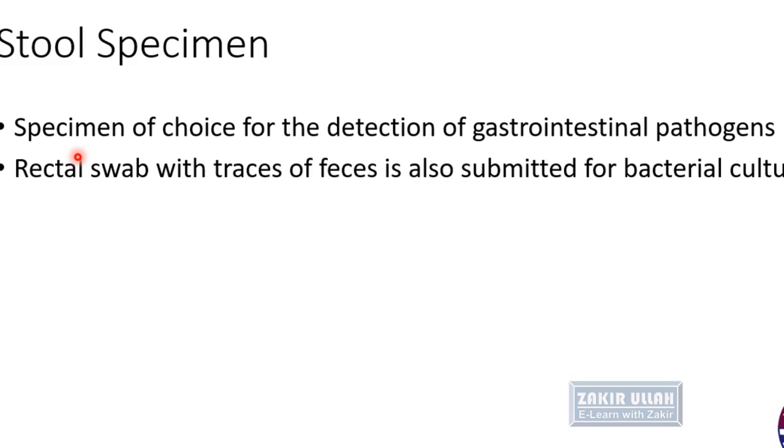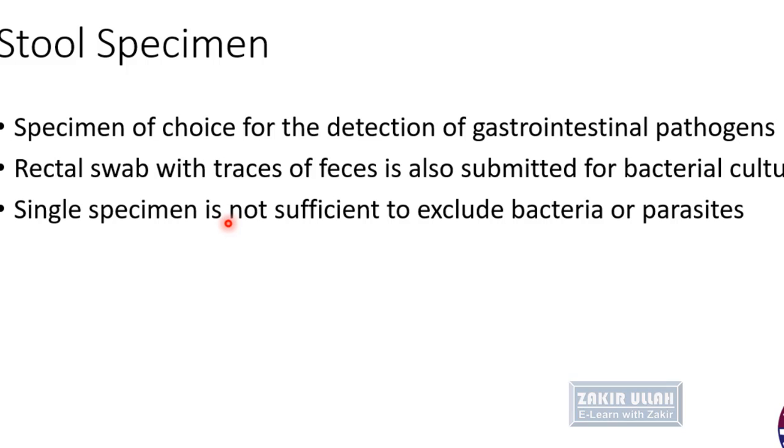We can also take a rectal swab with feces, and it should be submitted for the culture of bacteria. A single specimen is not sufficient to exclude bacteria or parasites because it can miss them, or due to certain errors the bacteria or parasite may be lost. So a single specimen is not sufficient.